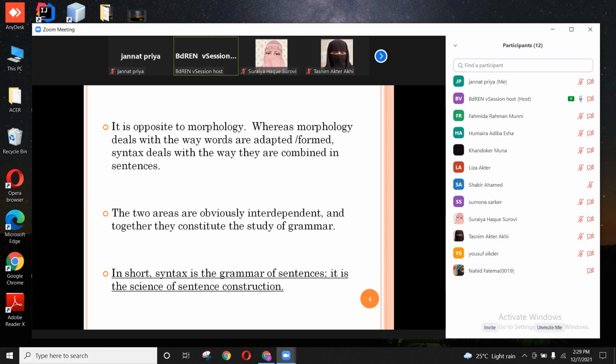Tasnim Akhtar, what is semantics? Munni, what is semantics? So the study of meaning, words, phrase, and sentences.